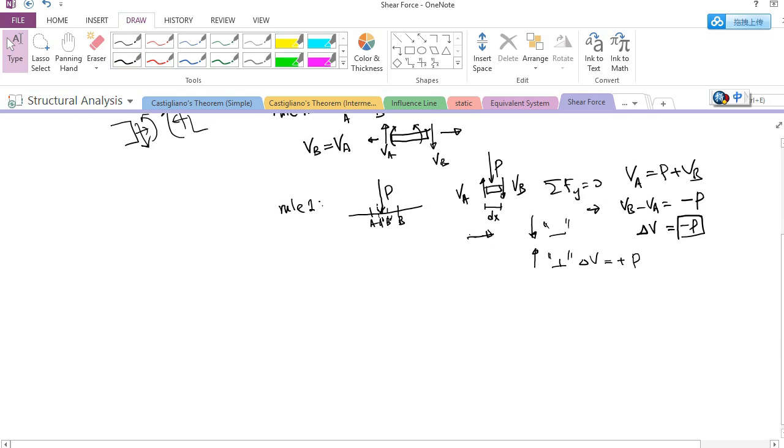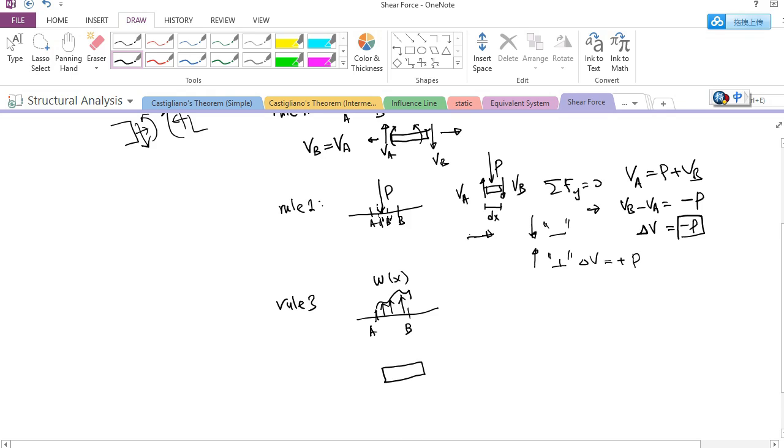Rule number three. If you have a distributed load between 2 points, let's say something like this, omega x, then point A and point B. What will happen if you cut this segment out?